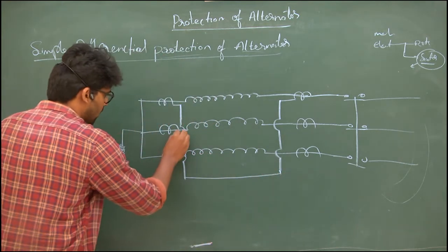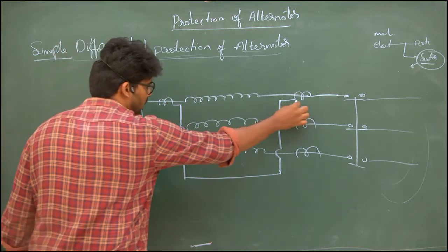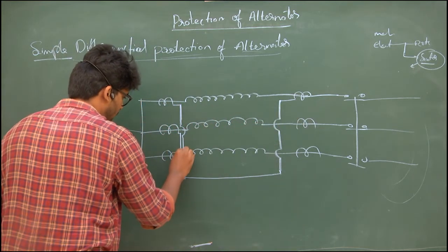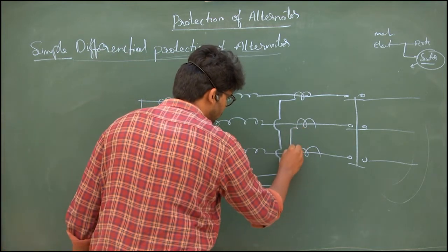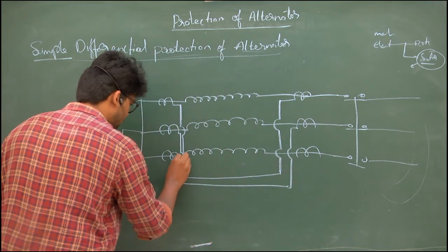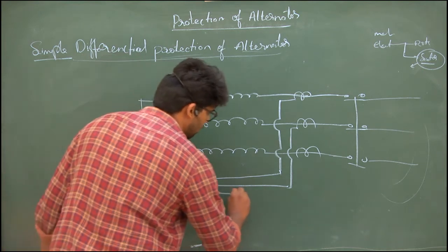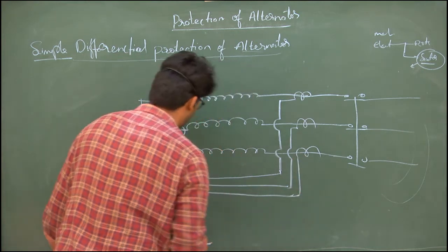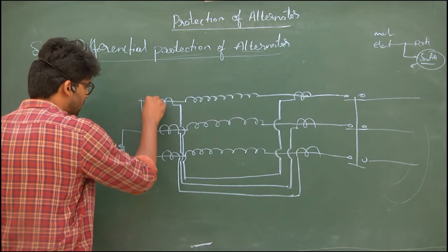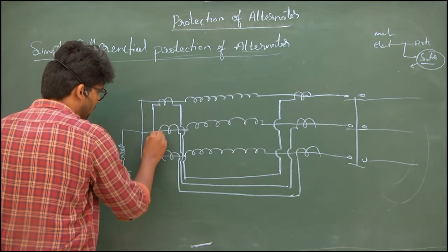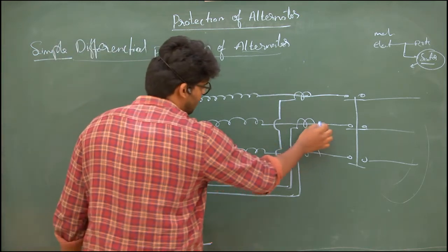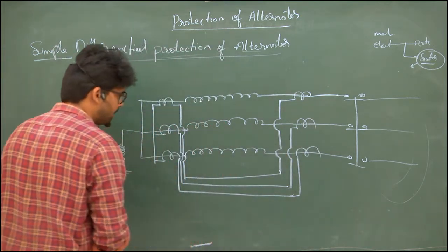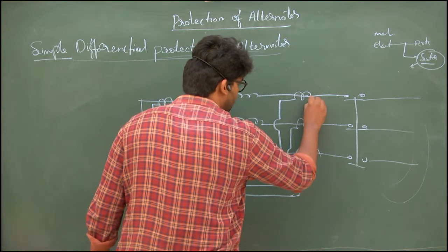This is the R phase. I connect this, and again connect this like this, and then this is connected to this. The end terminals are connected as a star, and this is also a star, and this is a star itself.